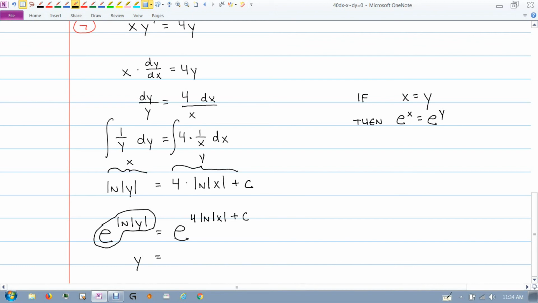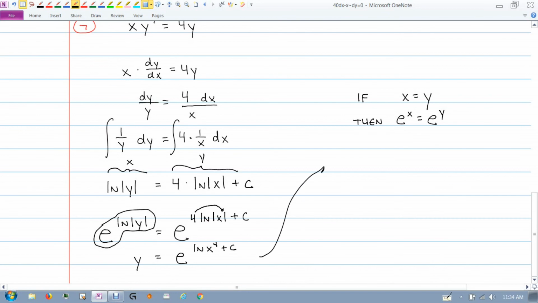And then on the right-hand side, I'm going to do a couple of things. I'm going to take this 4 and use property of logs to bring it up as an exponent. So I have e to the natural log of x to the 4th. Don't need the absolute value because I'm raising it to the 4th power. And then plus c.